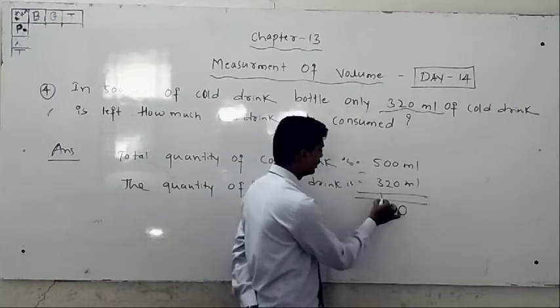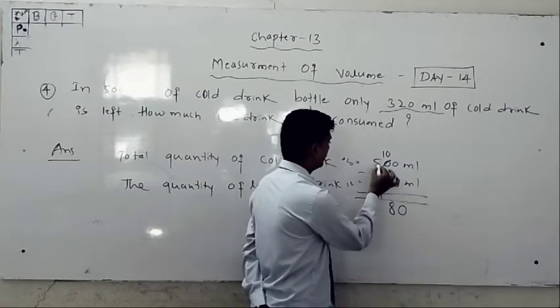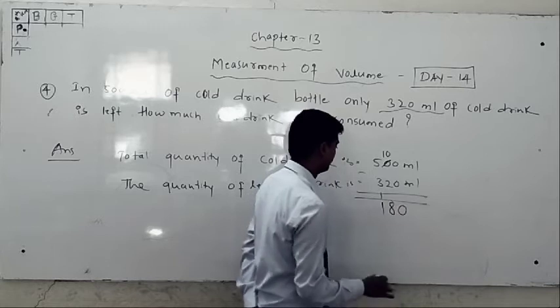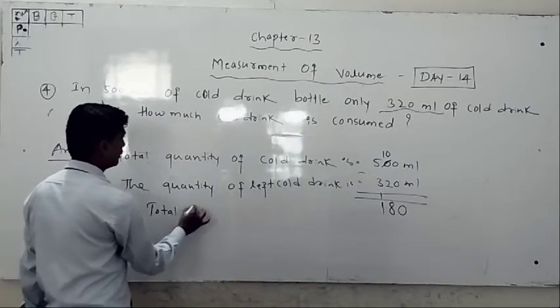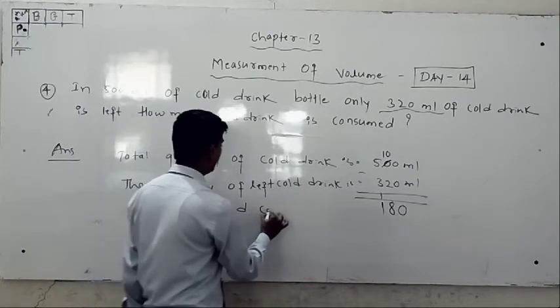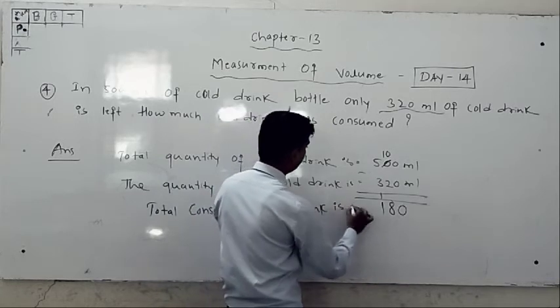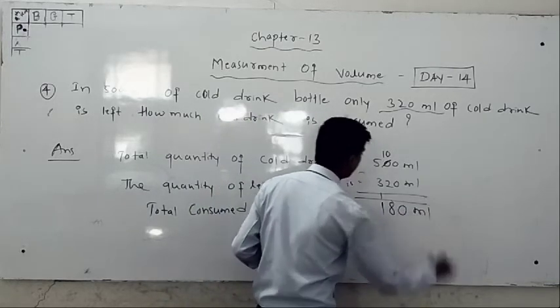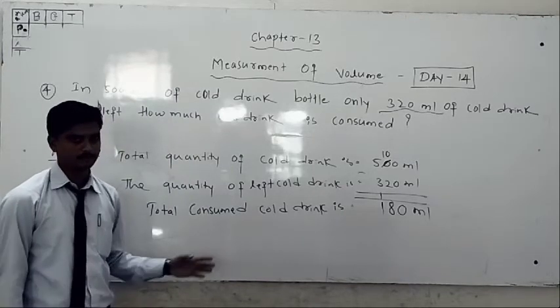That's why you take a borrow. 10 minus 2 it is 8. 5 minus 4 it is 1. Total consumed cold drink is 180 ml. Okay.